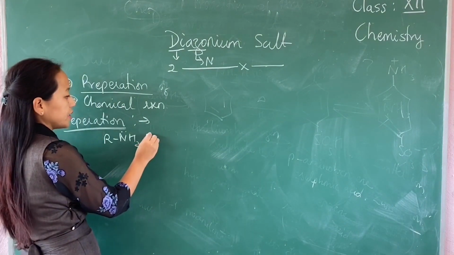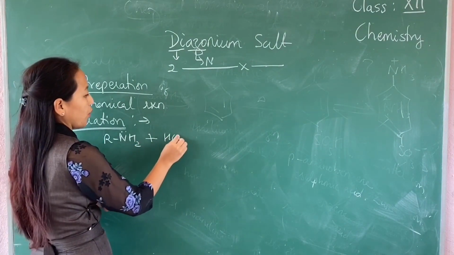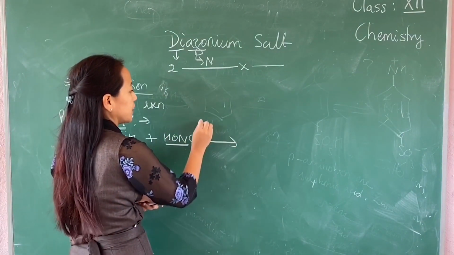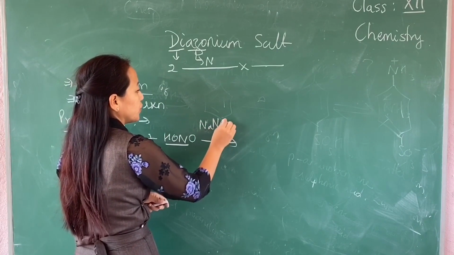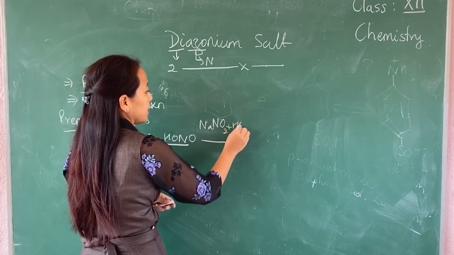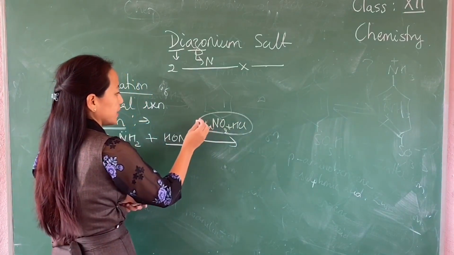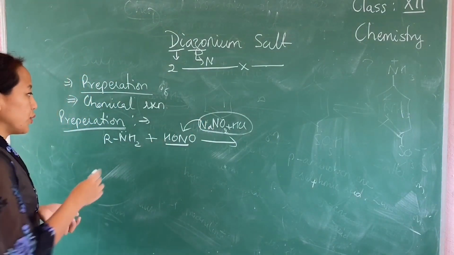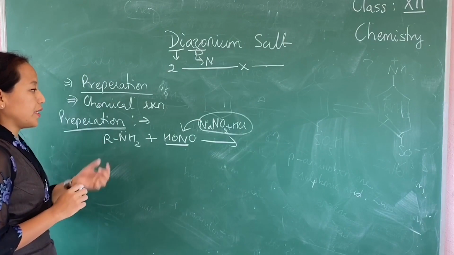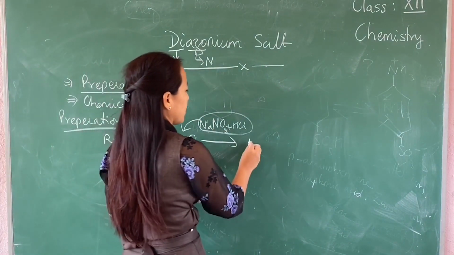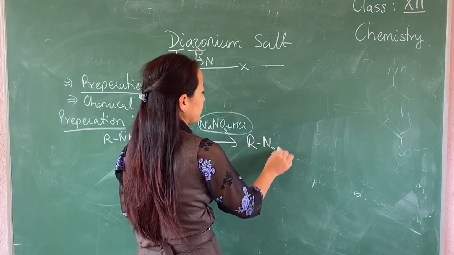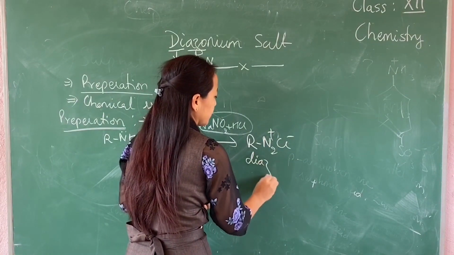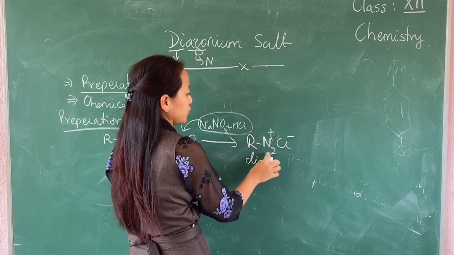When you react this with HONO, and you get this when you treat sodium nitrite, NaNO2 plus HCl. When these two react, it leads to the formation of nitrous acid, which will react with your amine, and it forms RN2+Cl-. This is the diazonium salt, a salt containing 2 nitrogen atoms.